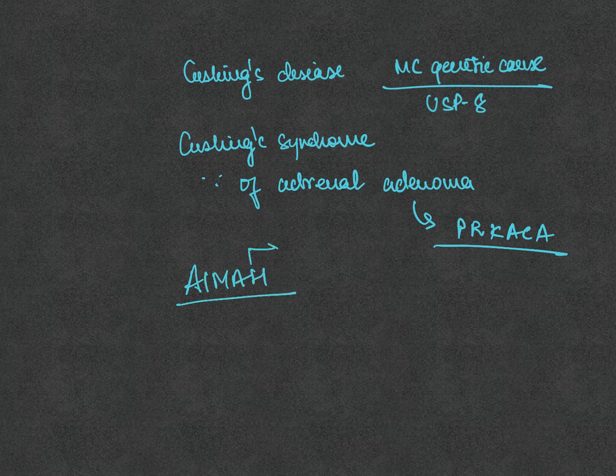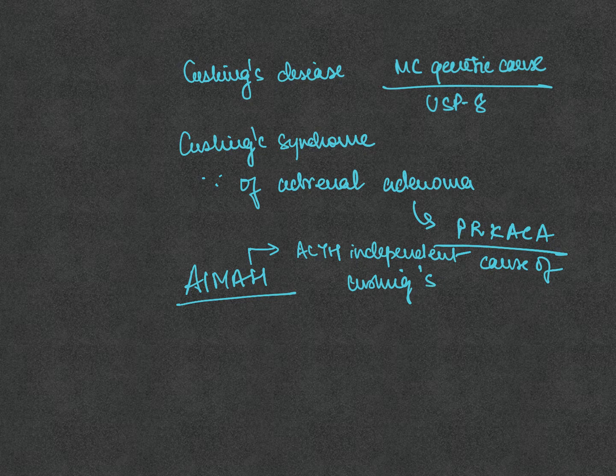Here it is an ACTH independent cause of Cushing's, causing increase in inter/intra adrenal cortisol. So here the mutation is going to be in ARMC5.